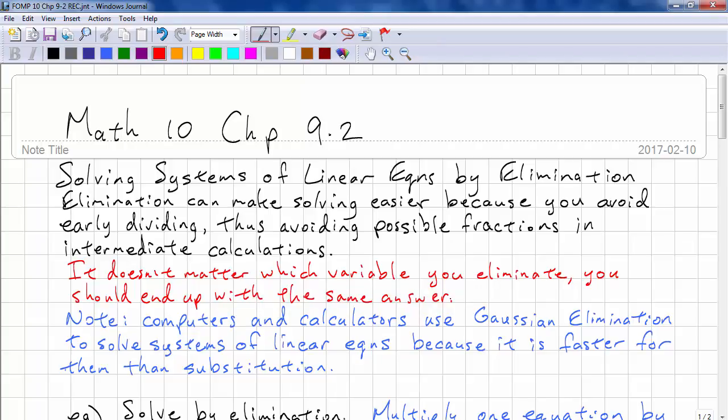And note, computers and calculators use Gaussian elimination to solve systems of linear equations because it's faster than using substitution.